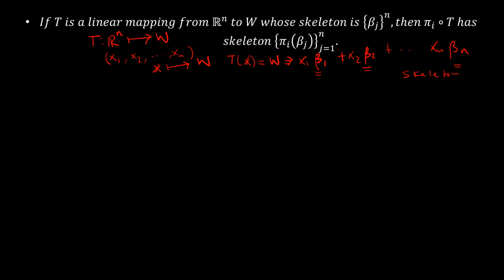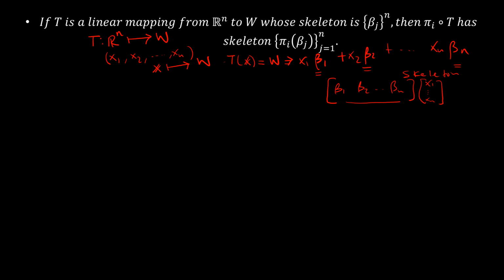So we want to pick the ith term. And the easiest way is to look at this as a matrix, right? And then we have a vector here, x1 up to xn, right? So the ith term of this matrix, this transfer function, is going to look like what we have here, right?